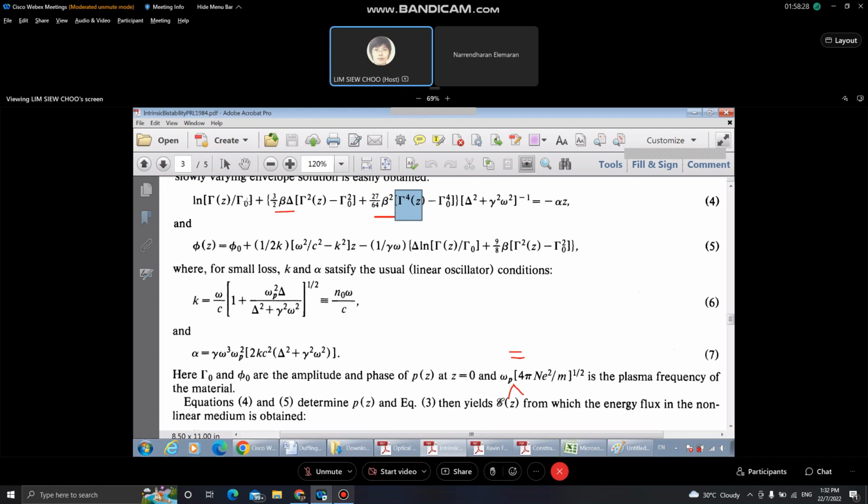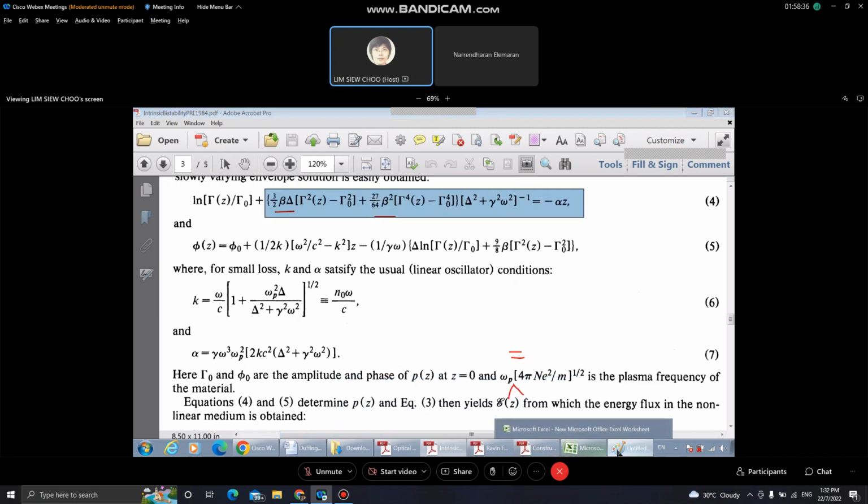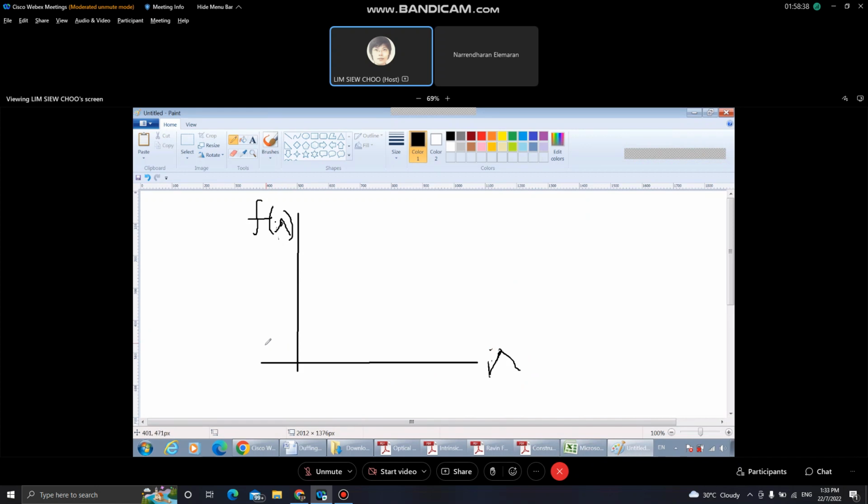Lambda z equals to lambda not exponent. This whole thing, and then you can plot the graph. When you plot the graph, you can see how it is cutting the zero.